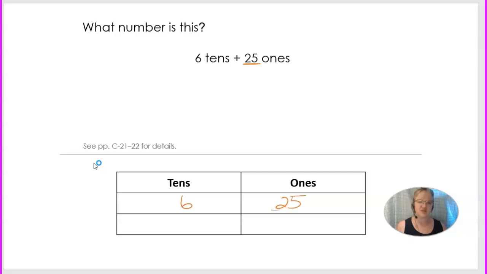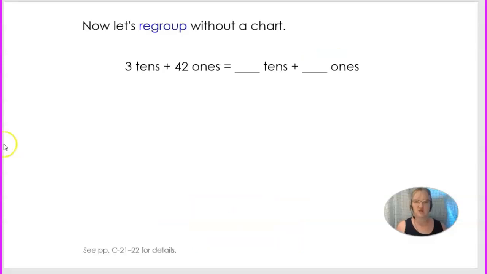Now if we're going to take these 10 ones and move them over here, then we have 6 10s plus 2 10s, and we're leaving the 5 1s over here. This should have given us another row here to add these up, but we'll just put it on the bottom. 6 plus 2 is 8 10s, and we're left with 5 1s.